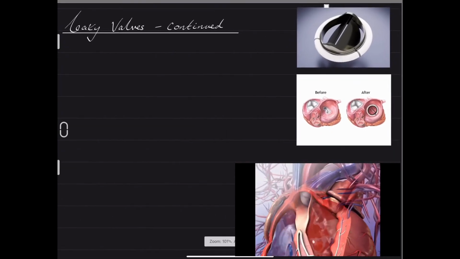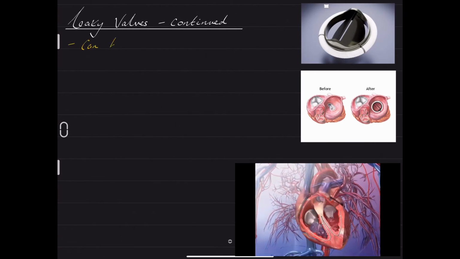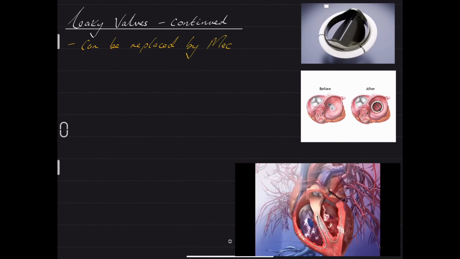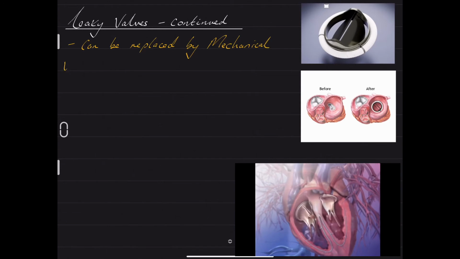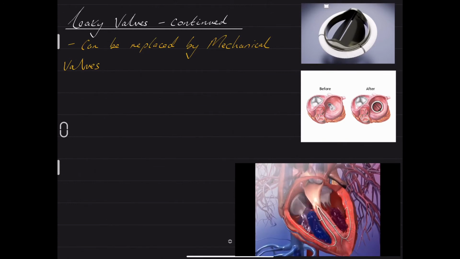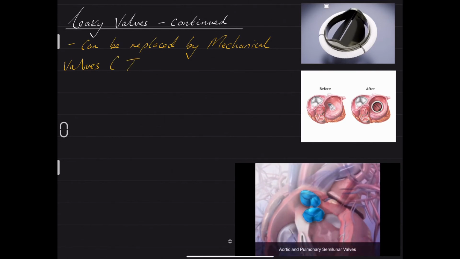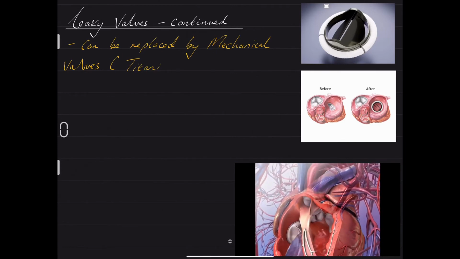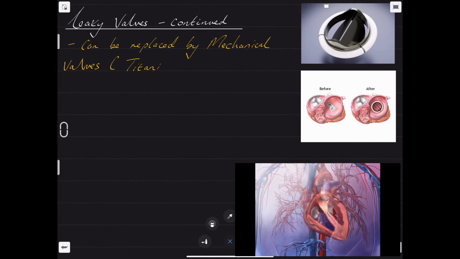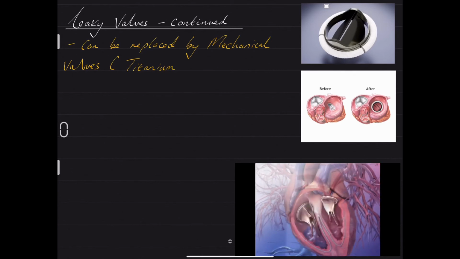So we can replace damaged heart valves with mechanical valves, made of titanium and other polymers.